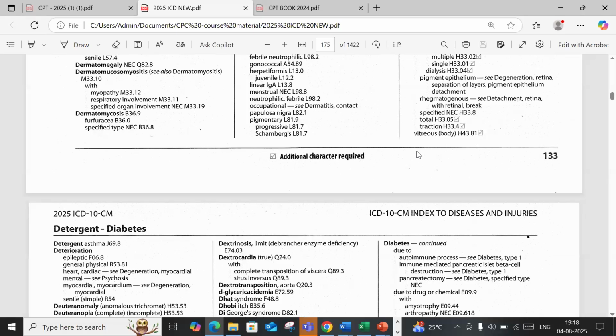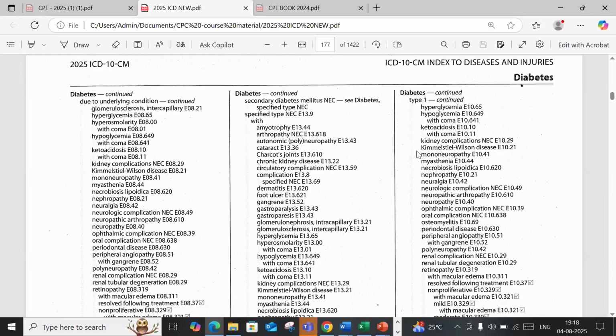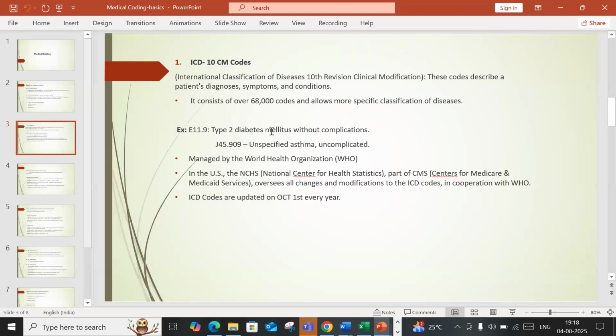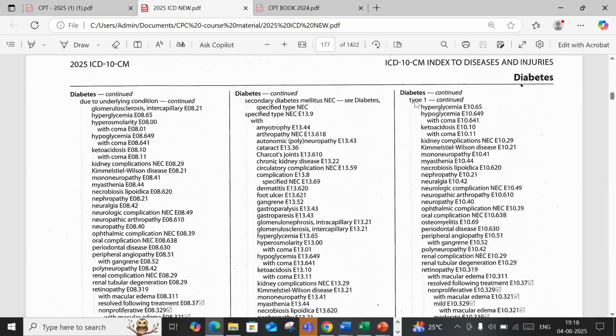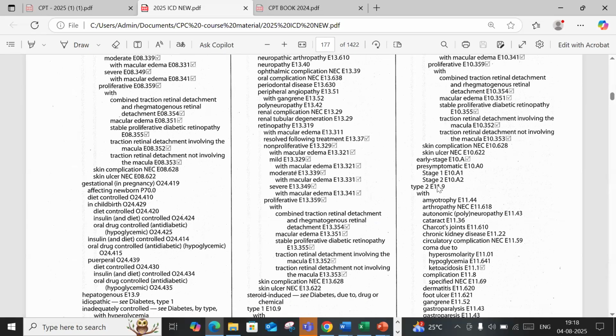So in diabetes, types are there: type 1, type 2, diabetes due to drugs, diabetes due to underlying condition. So here it is type 2 diabetes, right? So this is type 1, and type 2, E11.9. So this is the alphanumerical code for diabetes.